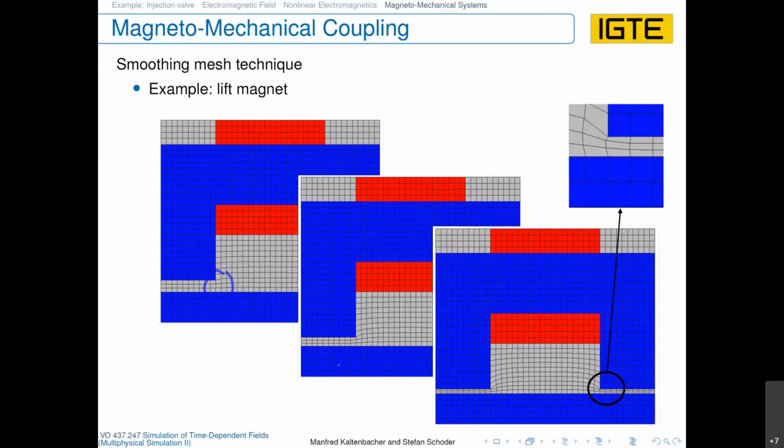Now, if you get further moving of this part, you see that this deformed mesh, which you use for the electromagnetic computation, still has good properties. And clearly, if this movement goes further up, you will get some problems within this region here.